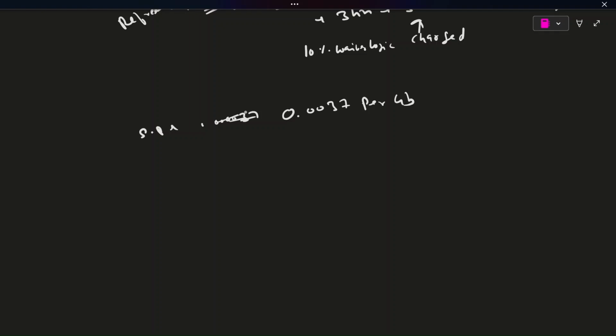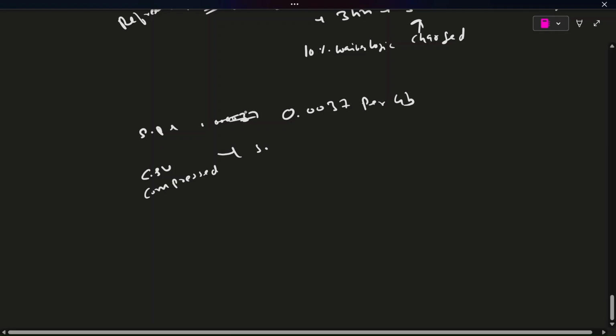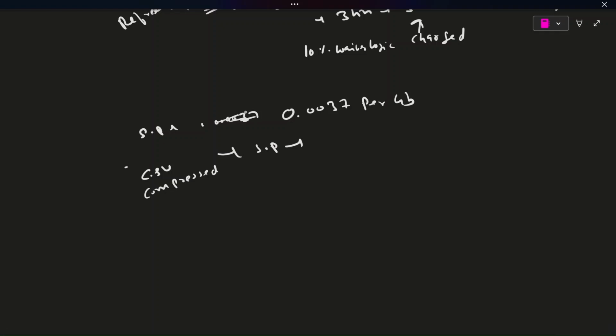So let's say you have a CSV file that you have compressed, and you are using Snowpipe for data ingestion. The original size is, let's say, 100 GB. After compression, it is, let's say, 50 GB, just a hypothetical figure.